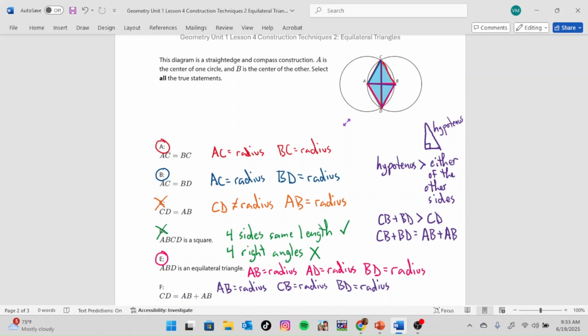Therefore, AB plus AB is greater than CD, not equal to. So F is wrong.